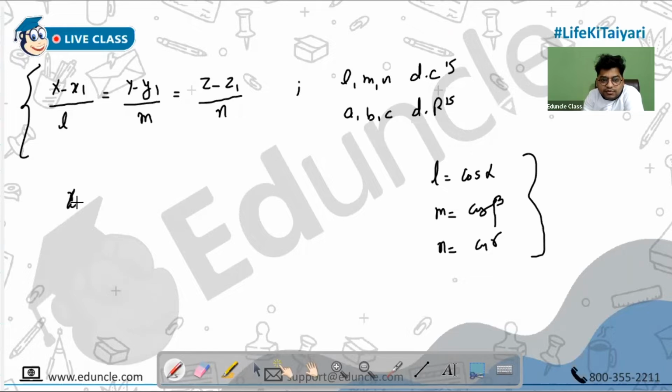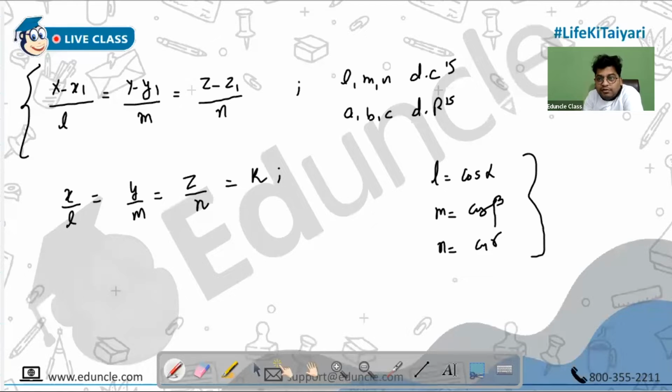So the equation of the line will be x upon L equal to y upon m equal to z upon n, and you can take that equal to k, where k is any real number.